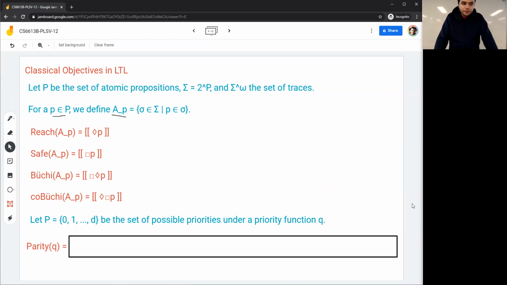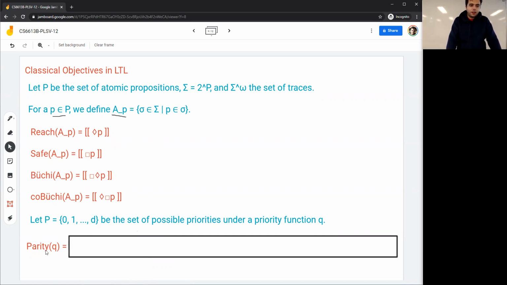Okay, and now let's also see how we can do parity. Parity is the most interesting one. So let's say that the set of our atomic propositions is exactly the set of priorities. So at every point, we know that we are at priority 0 or 1 or up to t. And let's say that this is our set of priorities under some priority function.